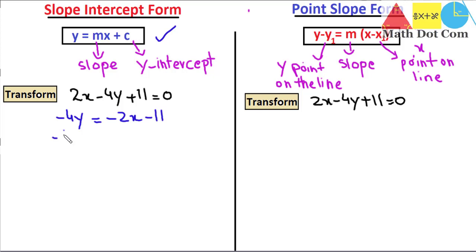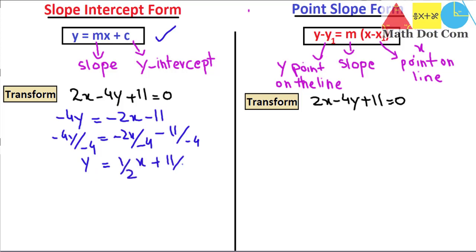So let's divide it as minus 4y divided by minus 4 equals minus 2x divided by minus 4 minus 11 divided by minus 4. So what we will get is y equals 1 by 2 x plus 11 by 4. Now it is clear that this equation is according to the standard form of slope intercept form, because we have y on one side of the equality and the slope with the y-intercept on the other side of the equality.